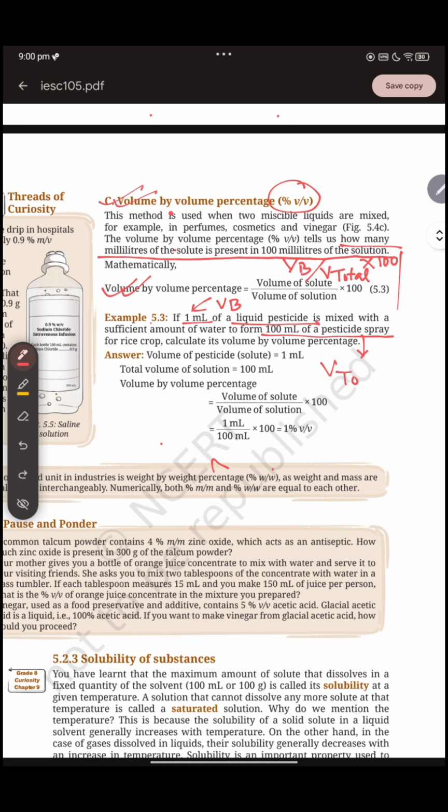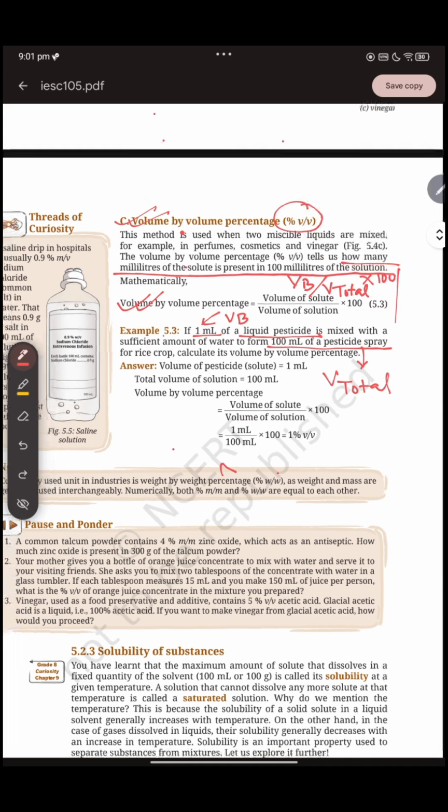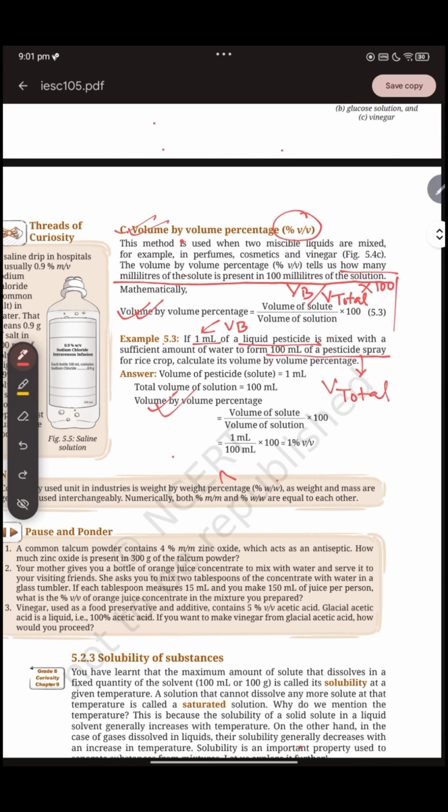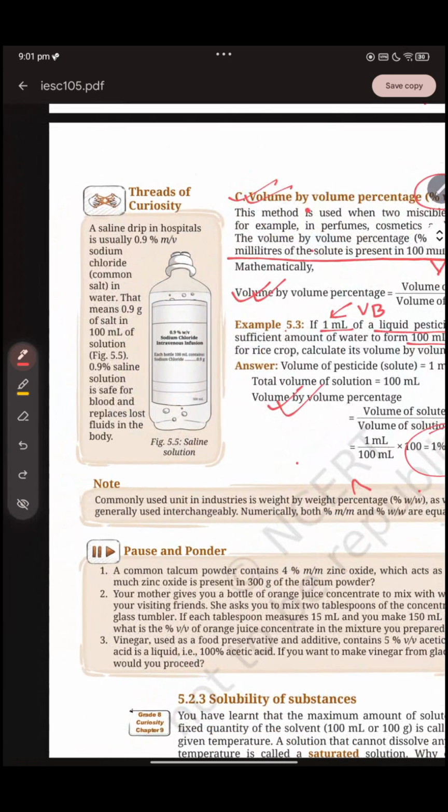This is the V total. Calculate the volume by volume percentage. Volume of solute is 1 divided by volume of solution is 100 into 100. So this is 1% V by V, where V by V means volume by volume.